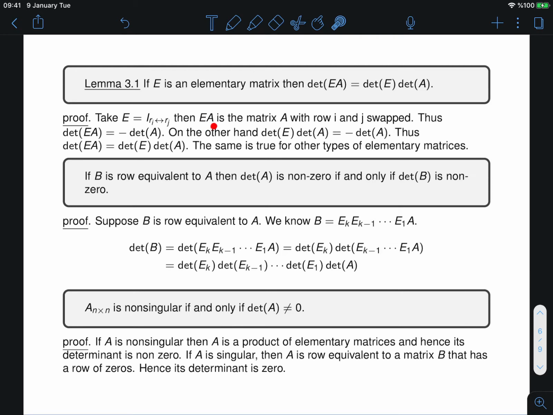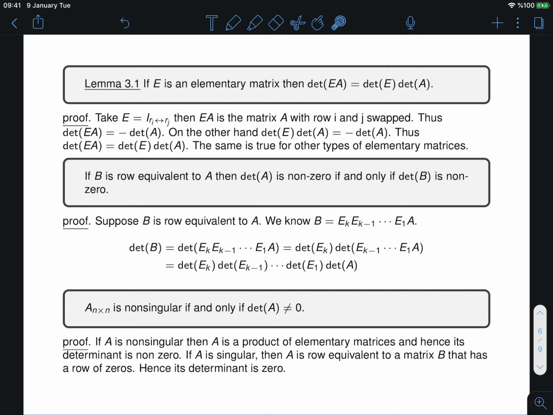If I compute EA, this is the same matrix A for which row i and row j are swapped. So this means the determinant of EA equals minus the determinant of A. Why? Because the only thing I did on the matrix A is swapping its two rows, which makes the determinant multiplied by -1.